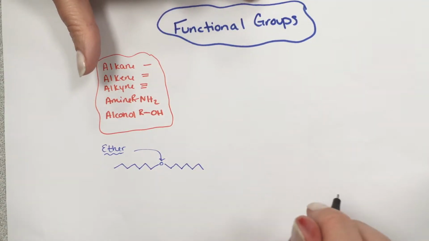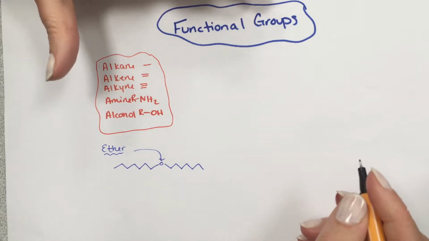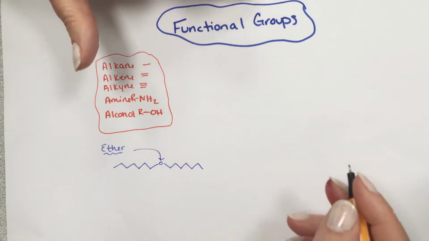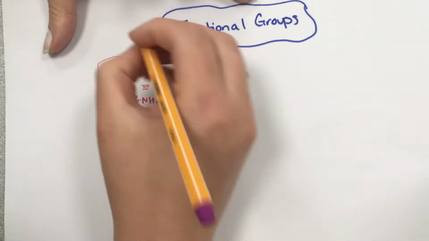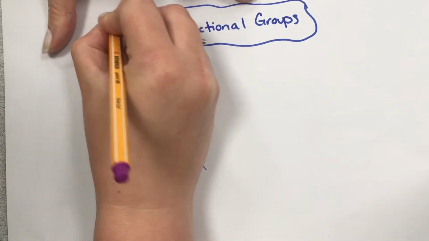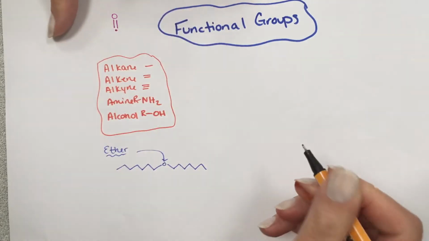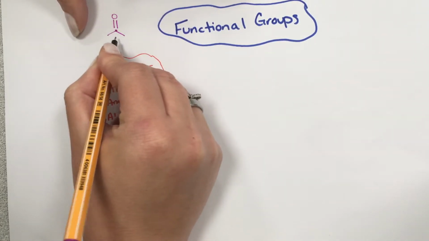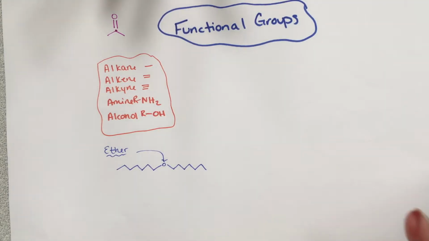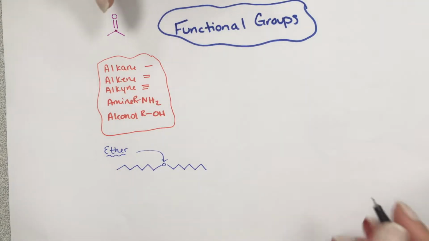The last 5 are pretty difficult just simply because of how similar they are. They all have this double bond to an oxygen bonded to a carbon here. And then whatever is bonded to that carbon will determine what functional group it is.